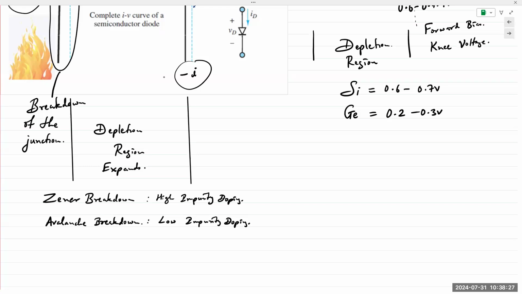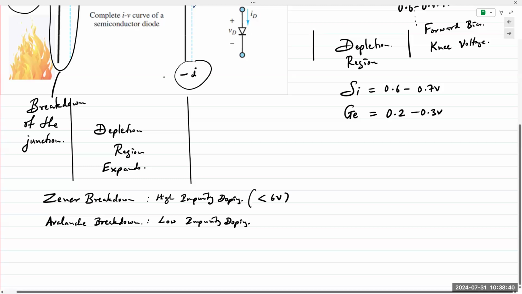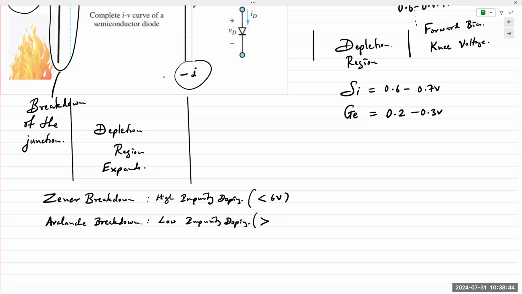Low doping means a low amount, and low and high are relative. This is still in the range of 10 raised to 17, 10 raised to 16 atoms. Zener breakdown typically occurs for less than 6 volts. Avalanche is greater than 6 volts.